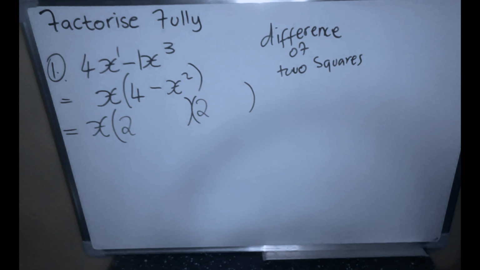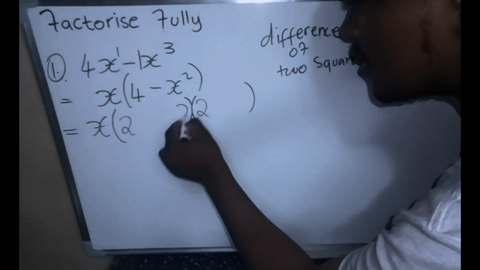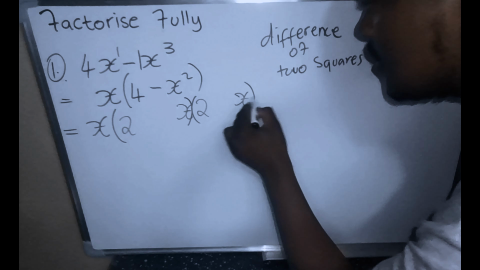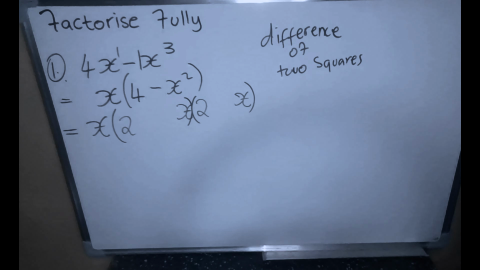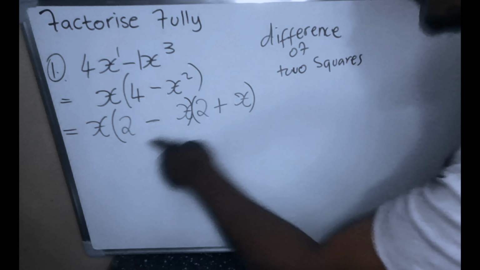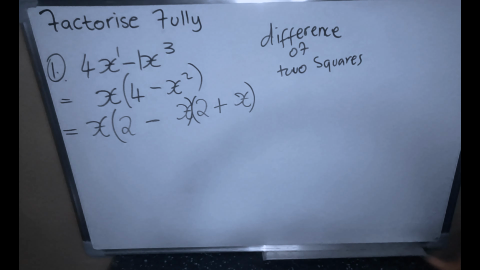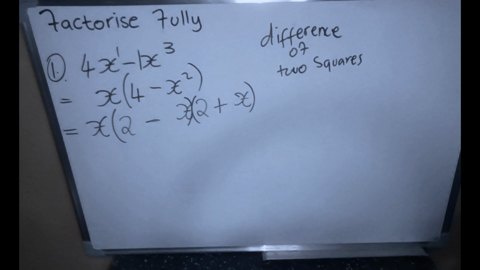Now, the factors of x squared are x and x. For the difference of two squares, you need to have opposite signs, negative and positive. Irrespective of where you put these two signs, it does not matter, as long as they are opposite. Then when it's like this, you are done with this question.